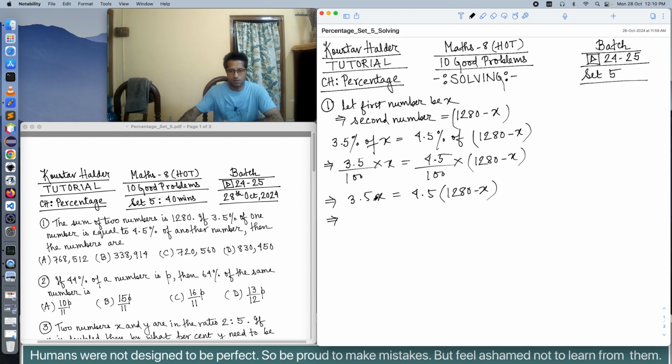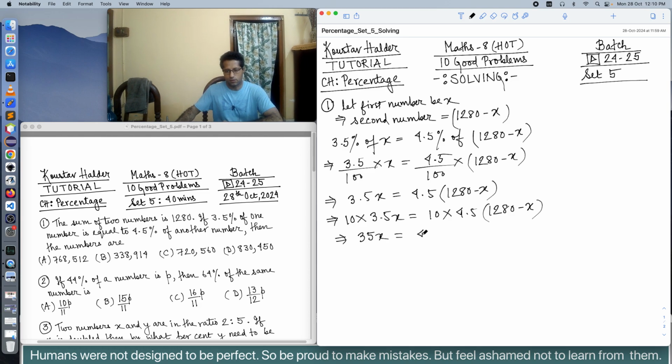In this case, let's multiply. 10 multiplied by 3.5x is equal to 10 multiplied by 4.5 (1280 minus x). This is just to avoid the decimal numbers. Now the left hand side becomes 35x is equal to 45 multiplied by (1280 minus x).